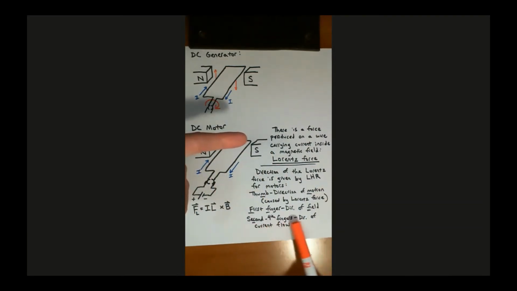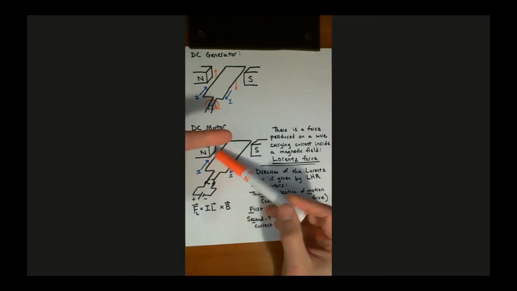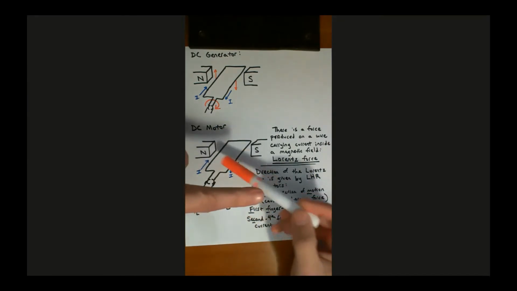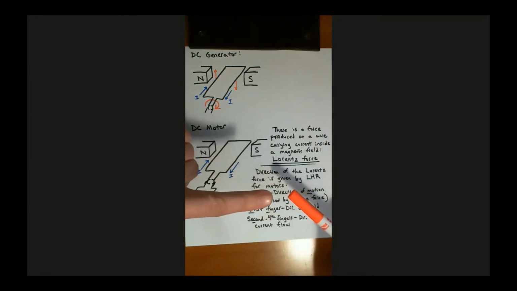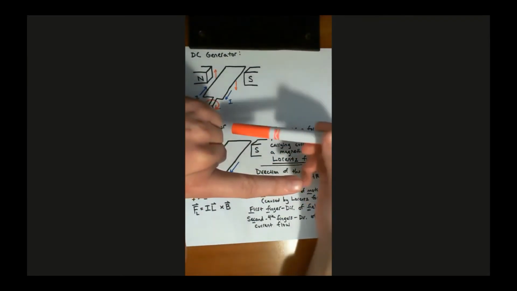And the second through fourth fingers are the direction of current flow. So if I apply the left-hand rule for motors to this side, right here, the left side of the armature, I've got current going into the page like this. All right, so I would apply the left-hand rule like this, where my second through fourth fingers are going into the page.